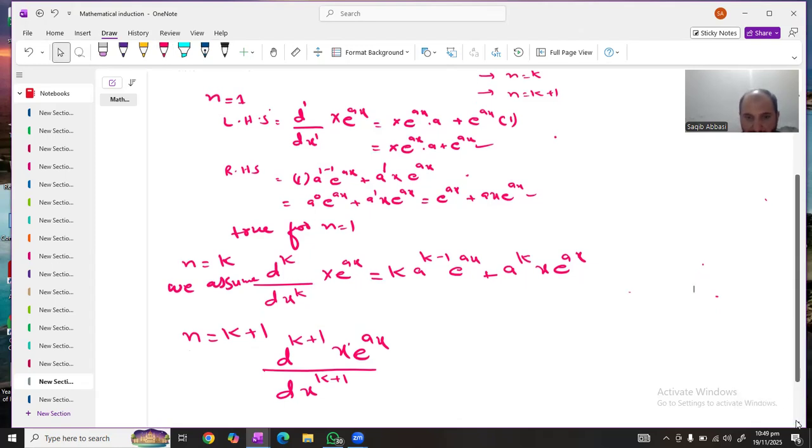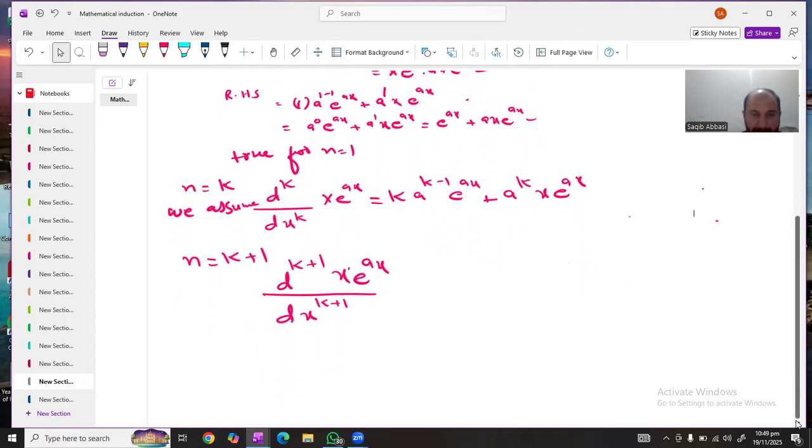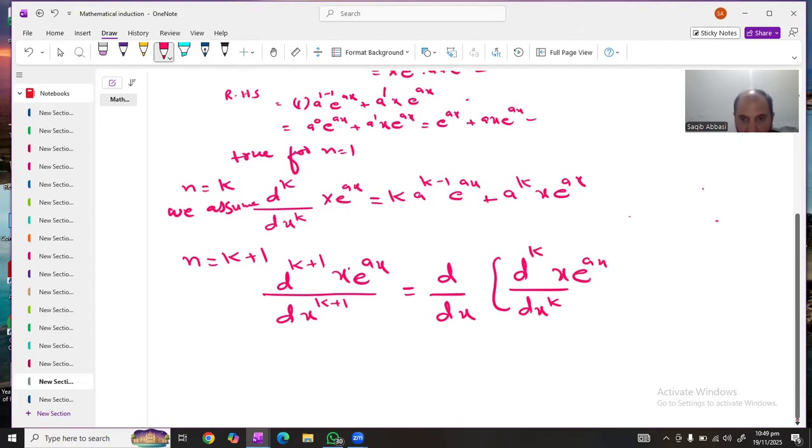Could we write it in this form: d over dx of d^k over dx^k? This means that if these are multiplied, we get this result. We can write it in this form and just simplify.